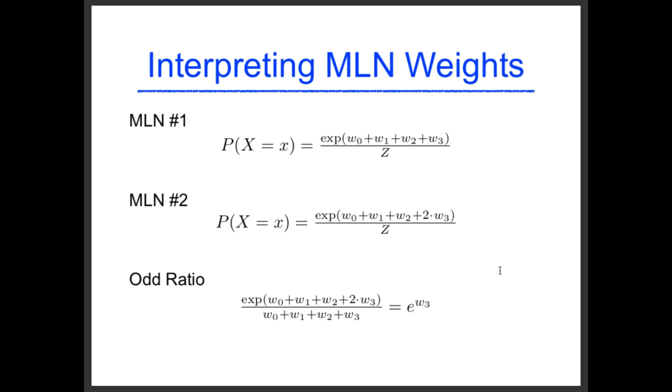So the log of the ratio is the weight, okay. So that's the interpretation of the weight. It's not immediate, clearly. It's much less interpretable than dealing with probabilities, but that's the meaning of the weight.